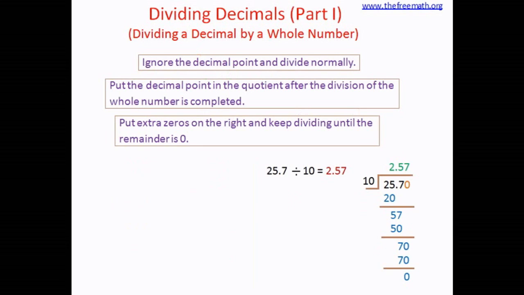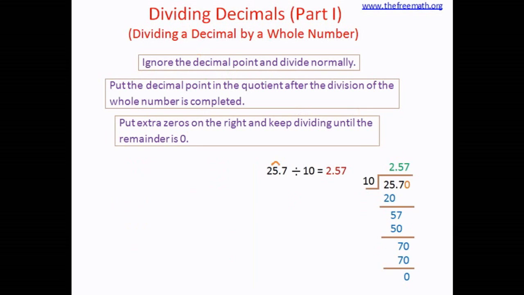Dividing 25.7 by 10, the answer is 2.57. What do you notice? You can see that the decimal point has moved to the left. Do you remember what happens in case of multiplication? When we multiply by 10, 100, 1000 and so on, the decimal point keeps moving to the right.